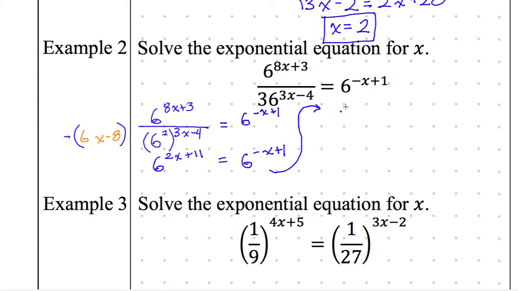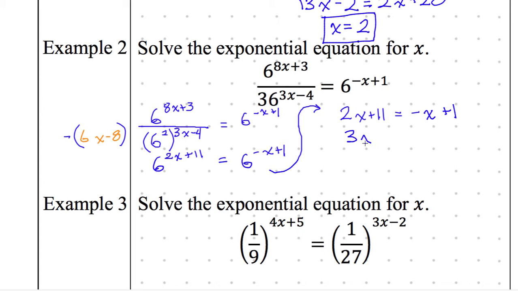We did 2x plus 11 is equal to negative x plus 1. Perfect. And then you subtract the 1, and then you'll get 10. Okay. And then you add an x. Yep. And then you get 3x plus 10 is equal to 0. Maybe we wanted to do this a little bit backwards.